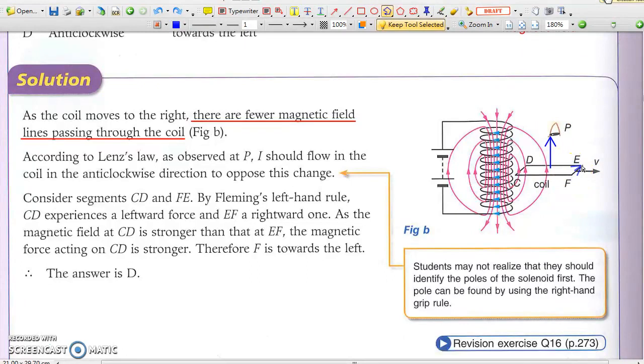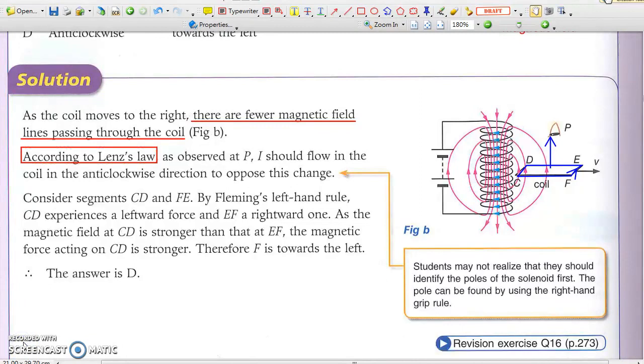So, the induced current will flow from E to D to C to F and back to E again. And in this way, the observer P will see an anti-clockwise current. This is the result deduced by using Lenz's law.